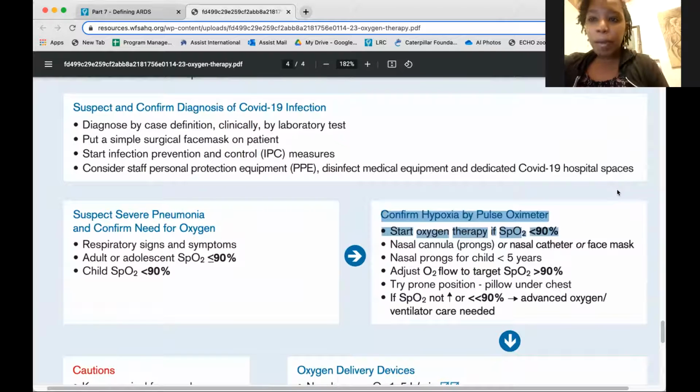Patients who have oxygen levels below 90% will need to be started on oxygen. Depending on how low the oxygen levels are, you will decide the appropriate tool to start oxygen supplementation.